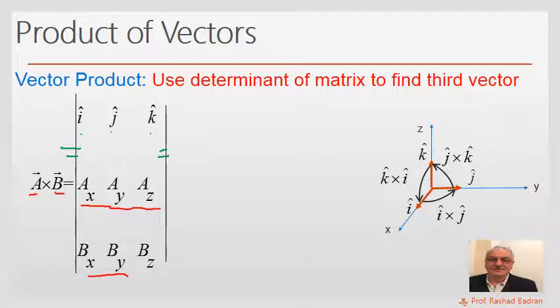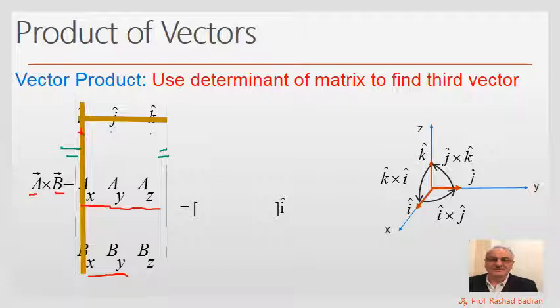To evaluate the determinant, we start with i hat, which is located in the first row and first column. So we write down i hat and then look for its cofactor. To do that, we cross off the first column and the first row, and find the cofactor of the remainder of the determinant.